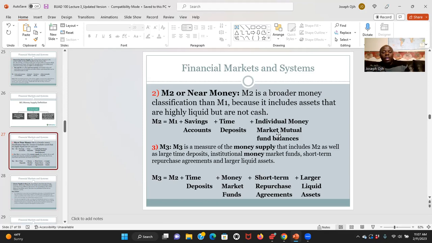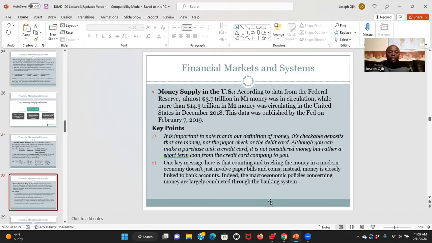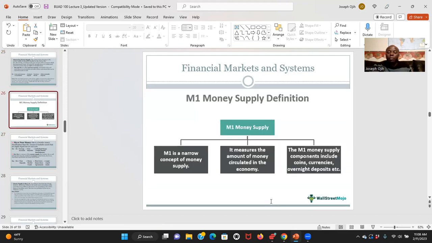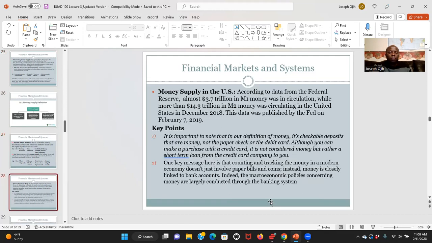Then the other one, which is M3, is also a measure of the money supply. That classification includes M2, plus time deposits, plus money market funds, plus short-term repurchase agreements, which are less liquid, plus larger liquid assets. Now, every country decides how to classify its money supply, but the US usually uses M1 and M2.